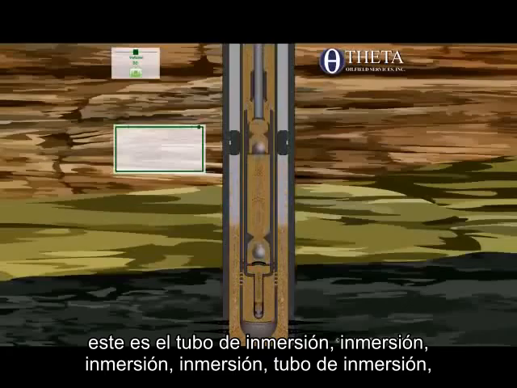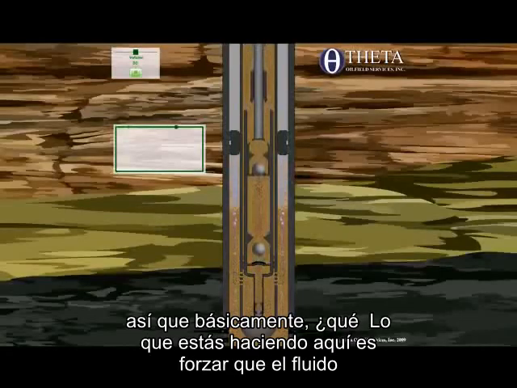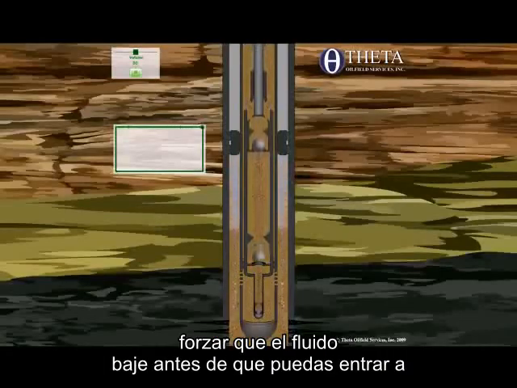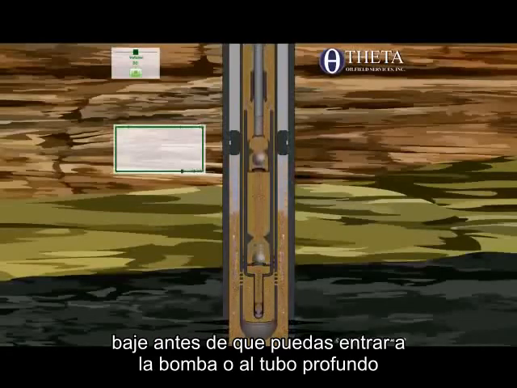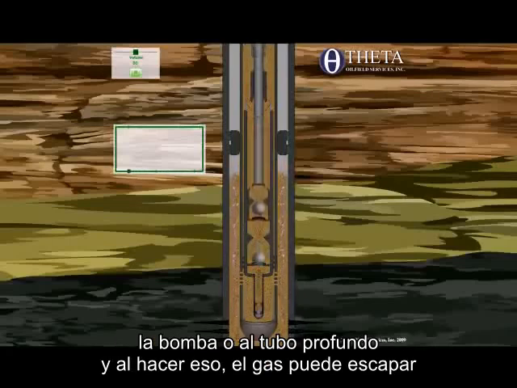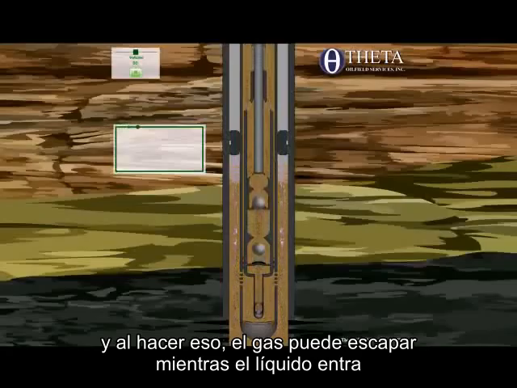This is the dip tube. Dip, D-I-P, dip tube. So basically what you're doing here is forcing the fluid to go down before it can go inside the pump or the dip tube. And by doing that, the gas can escape while the liquid goes in.